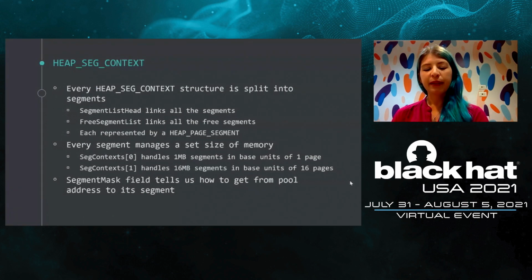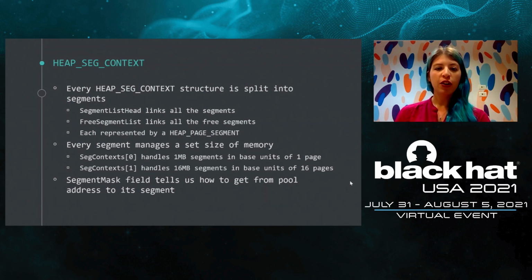Now, inside that heap Seg Context, again, we're talking about basic units of either 1 or 16 pages. And inside of each of them, we have a split into segments, where each segment handles a certain amount of memory.